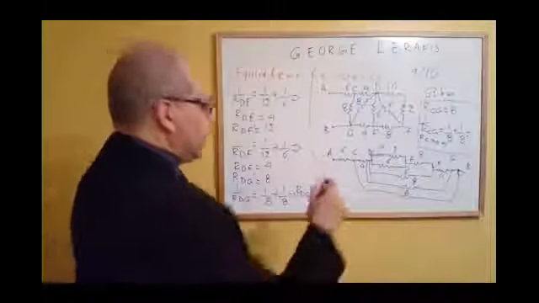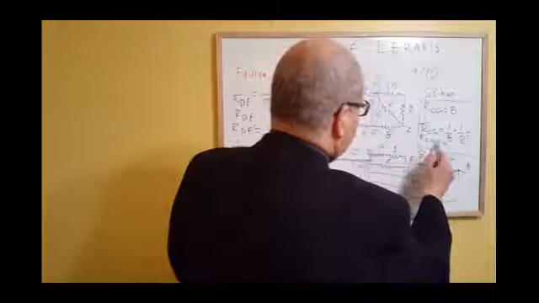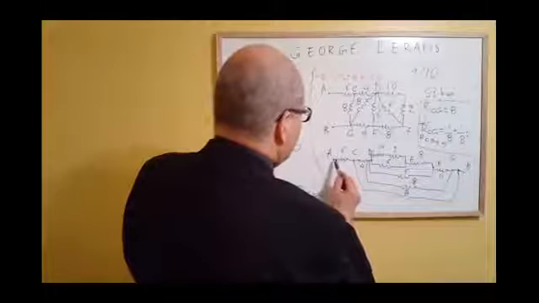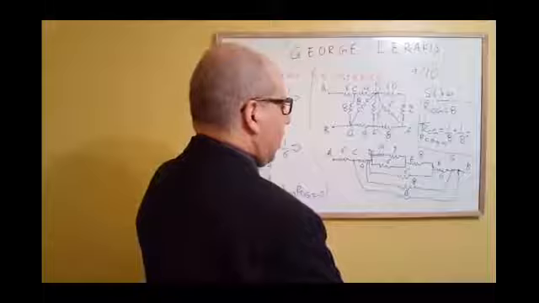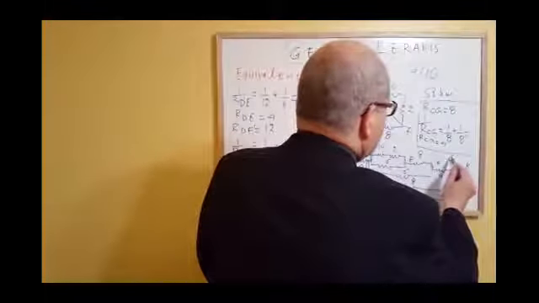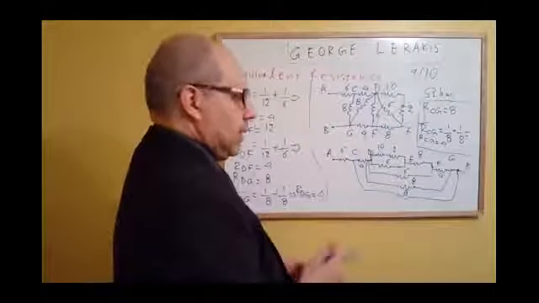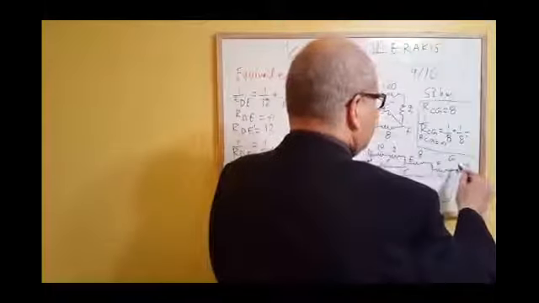And finally, all of this, which is the R from C to G, is 4. It's connected in series with this here, the 6 ohm resistor. And because between G and B there is no resistor, these 2 points are the same.